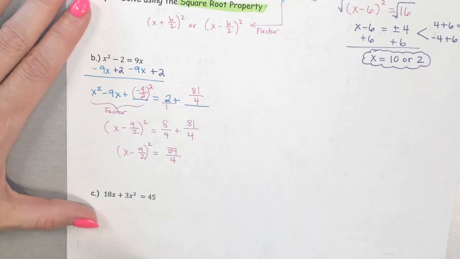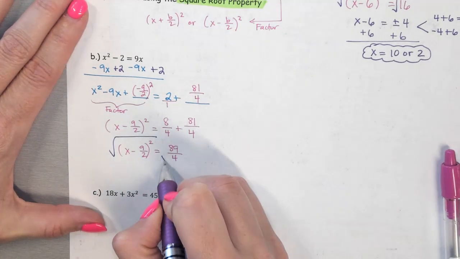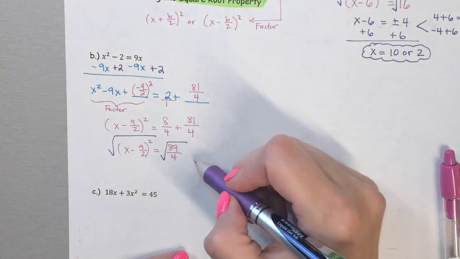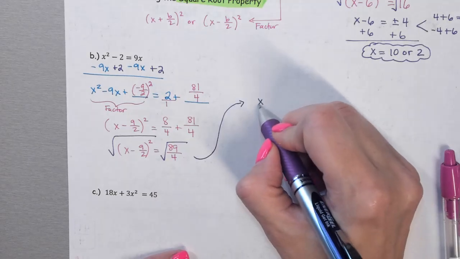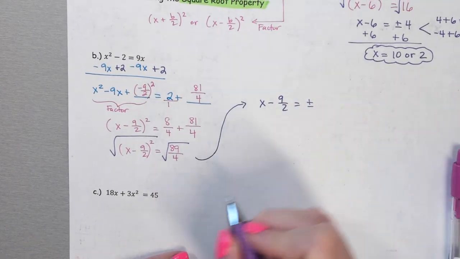Okay, and once you've done that, now you're ready to take the square root. Okay, when you take the square root, you're going to have x minus 9 over 2 equals plus or minus.